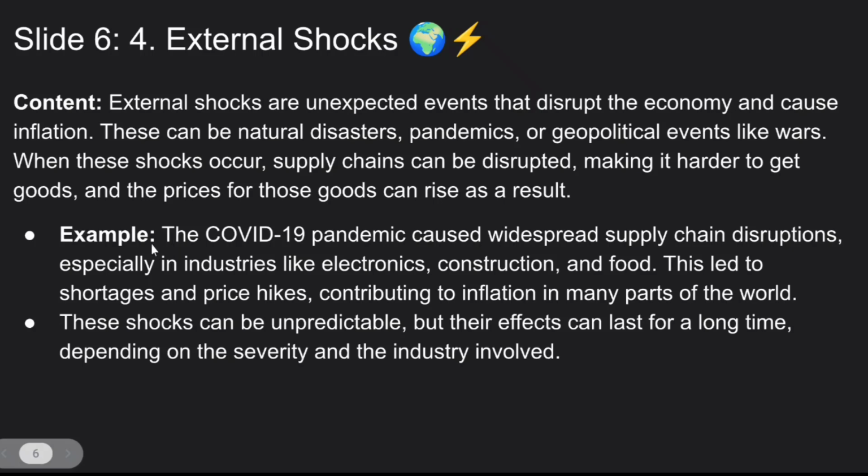As an example, in the COVID pandemic, which we saw, there was wide supply chain disruptions, especially for industries like electronics, construction, and food. This led to shortages and price hikes, contributing to inflation in many parts of the world. These shocks can be quite unpredictable, but their effects can last for a long time, depending on the severity of the industry involved.